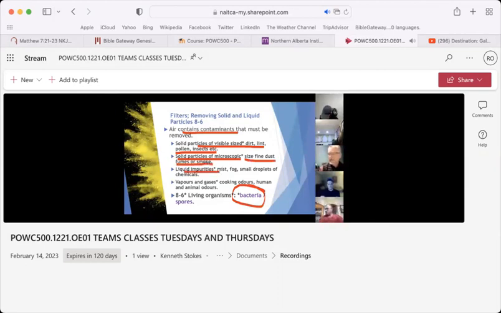Liquid impurities covers mists and fogs and small droplets of chemicals. If we have vapors and gases, this will probably come from odors such as cooking. Human body can create its own odors, and some of these buildings are housing animals. And then in all of the buildings, there's going to be living organisms such as bacteria and spores.